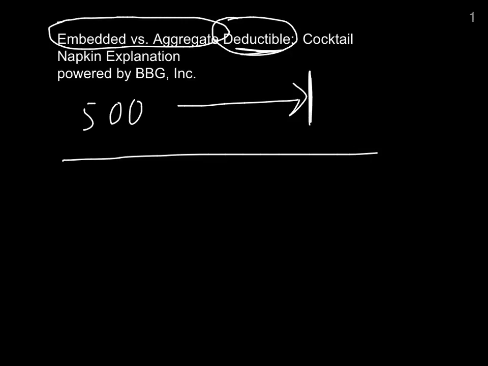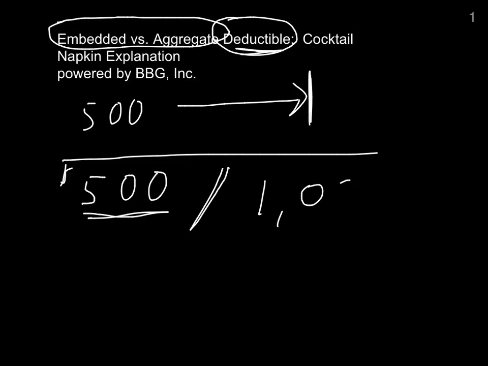All plans have two deductibles. They have a deductible for a single, which again, let's say it's $500. Could be more, could be less, but your plan design has a deductible for a single and a deductible for a family. Let's say $1,000. Simple, right?